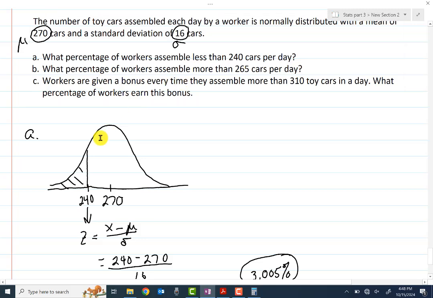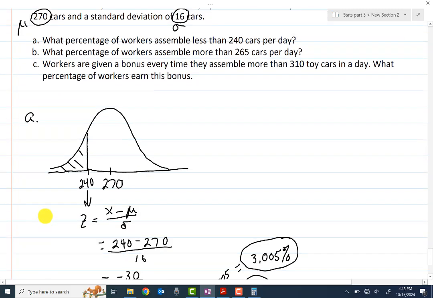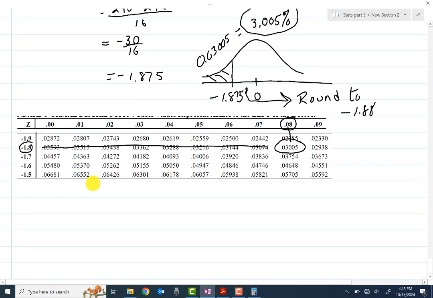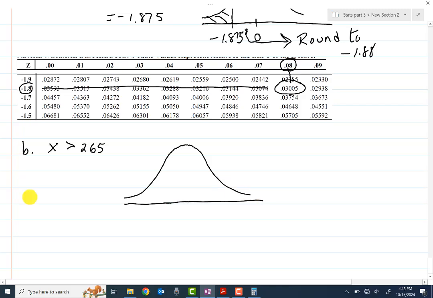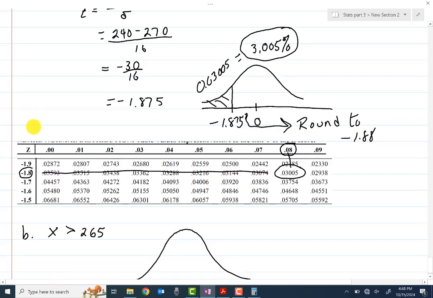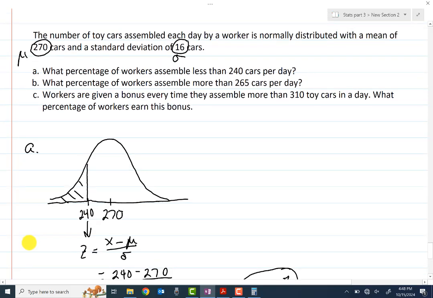Part B, more than 265 cars per day. So let me draw a picture for that. They said more than 265. Remember, the original real life values are called x's. And let me catalog my mean and the standard deviation again because it's useful to have.